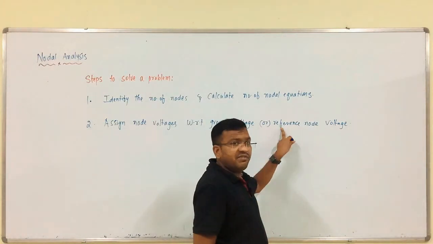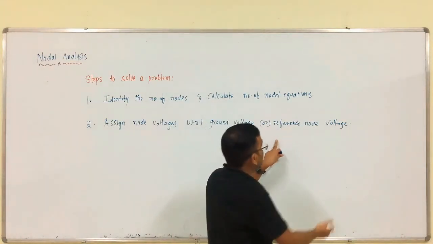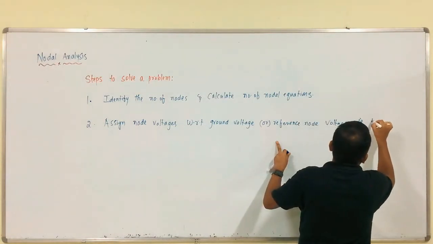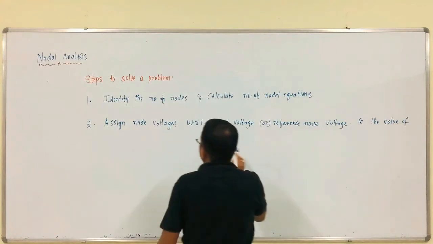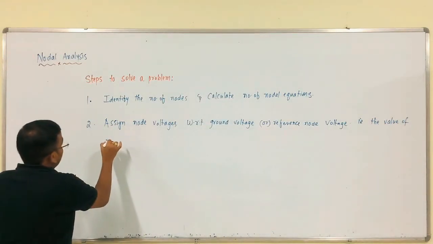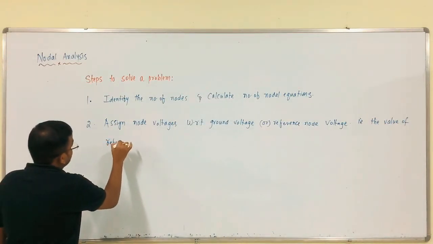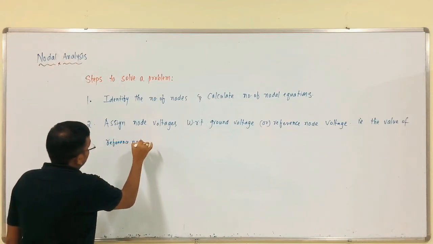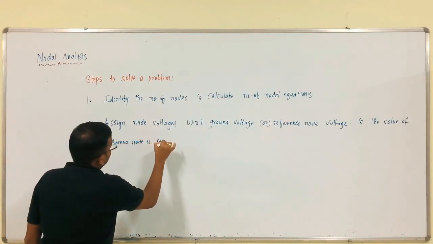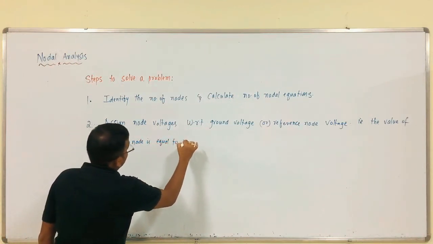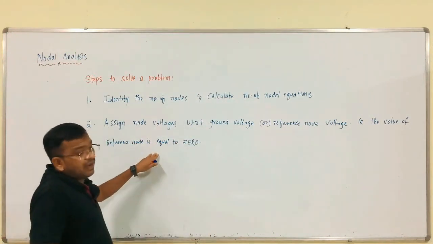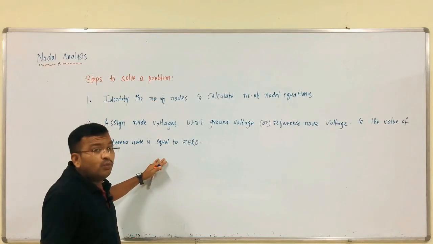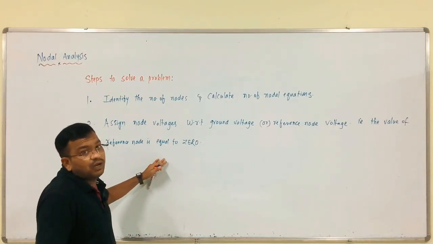Ground means nothing but a reference node, that is, the value of the reference node is equal to 0. With respect to this reference node only, we can assign the unknown node voltages, that is, non-reference node voltages.